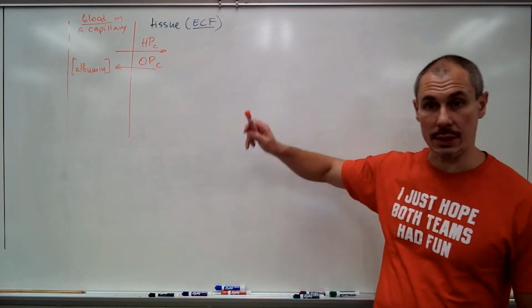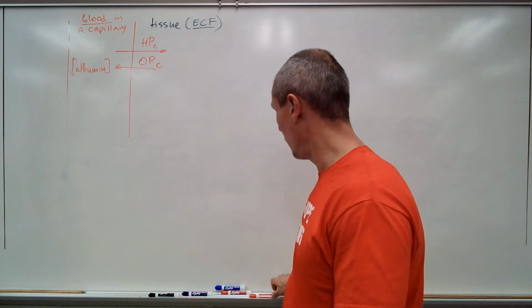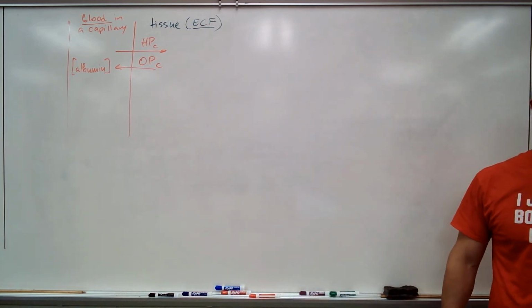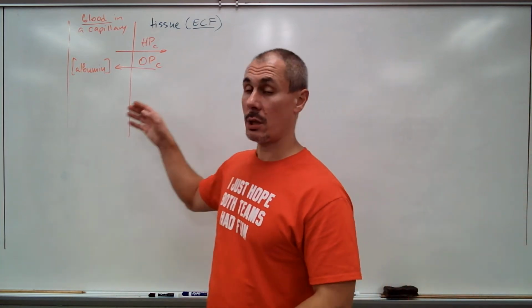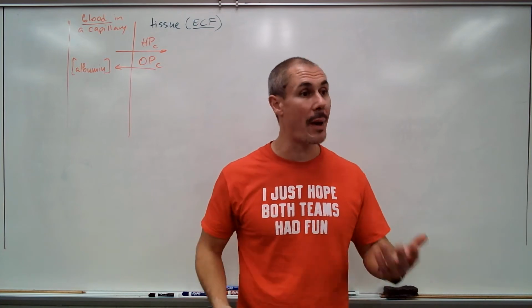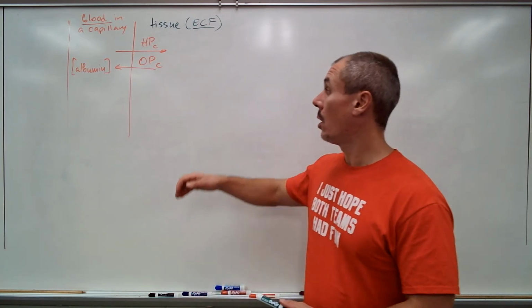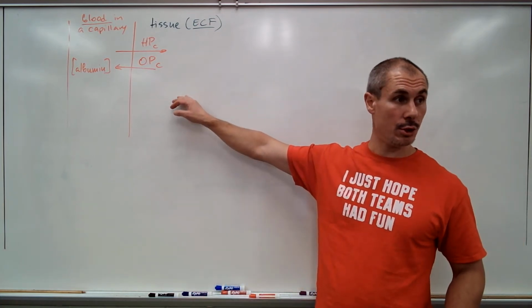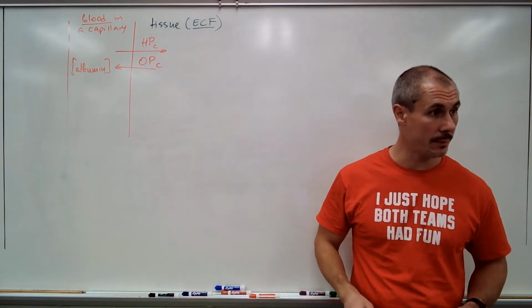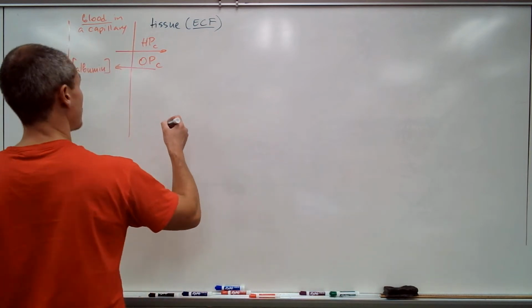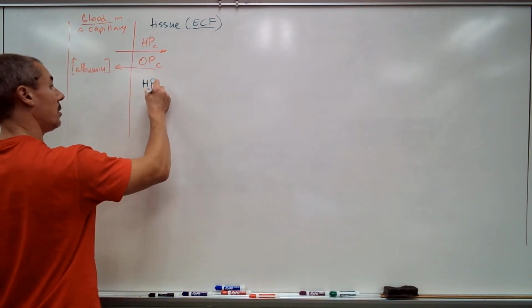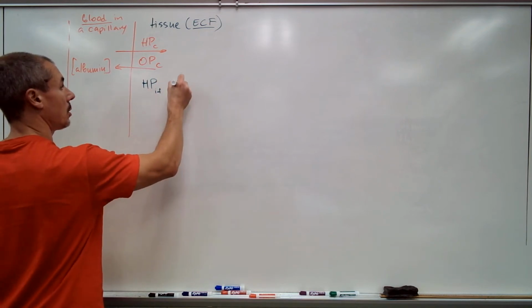Now what about the other side? What about tissue? Does tissue exert any hydrostatic pressure? The answer is no, because in the normal, non-problematic situation, so to say, all excessive fluid in the tissue immediately drains into the lymphatic system. Okay? So we can say that hydrostatic pressure of interstitial fluid equals 0.